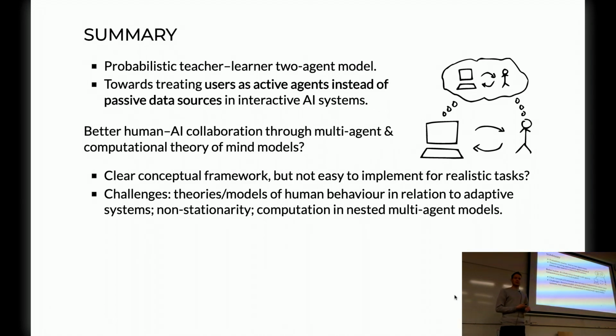I also tried to argue for using multi-agent or computational theory of mind models towards better human-AI collaboration, at least to some extent. It's a clear conceptual framework, at least at a high level, but I'm not sure how easy it is to actually implement for realistic tasks.